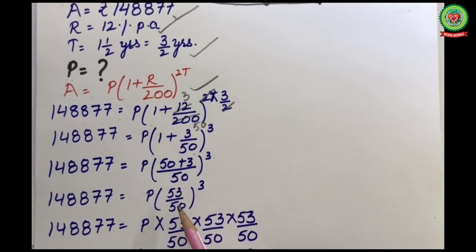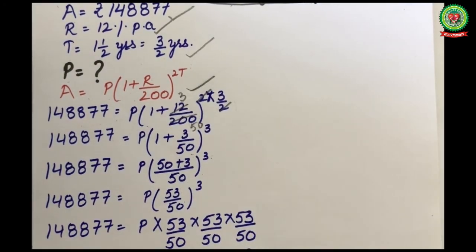That is 53/50. So we get 1,48,877 is equal to P bracket 53/50 whole cube. So we are going to expand this one. So on expanding we get 1,48,877 is equal to P multiply 53/50 multiply 53/50 multiply 53/50.